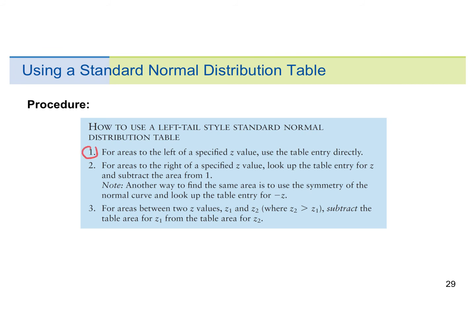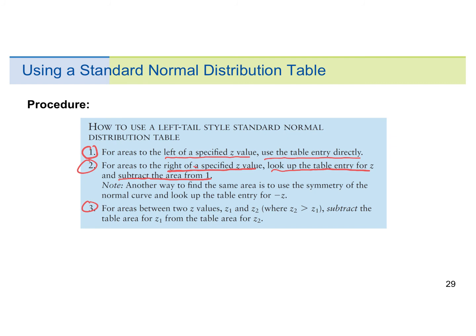Number 1, for areas to the left of a specified z-value, use the table entry directly, just like I said in that previous example. Number 2, for areas to the right of a specified z-value, look up the entry for z and subtract from 1. Hopefully I explained that well.